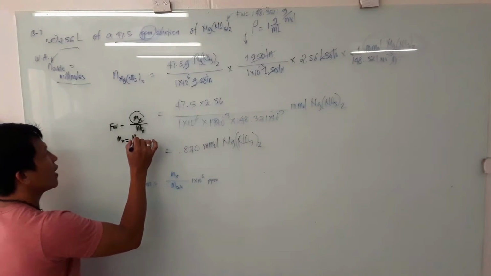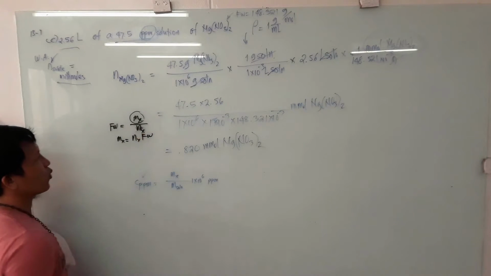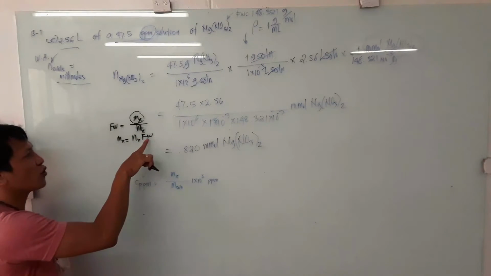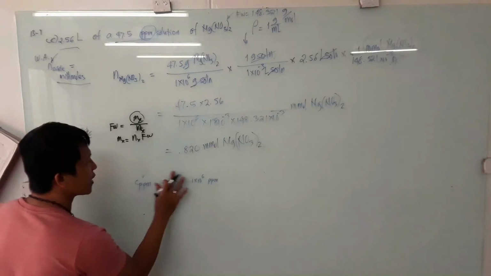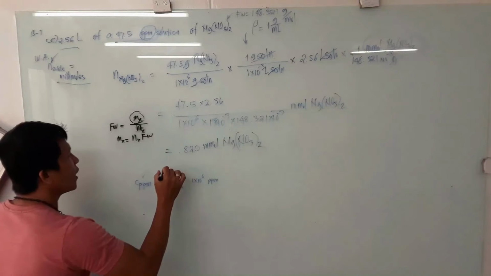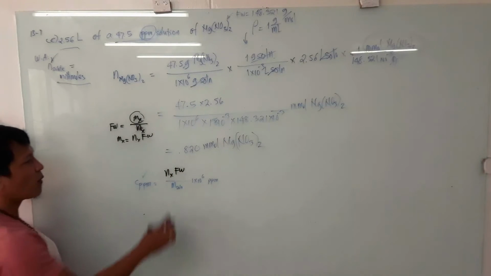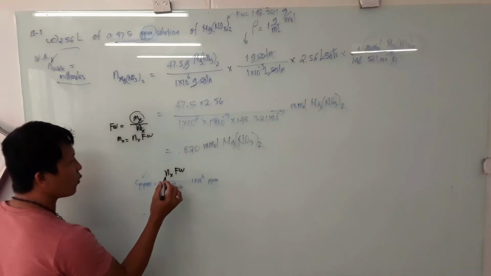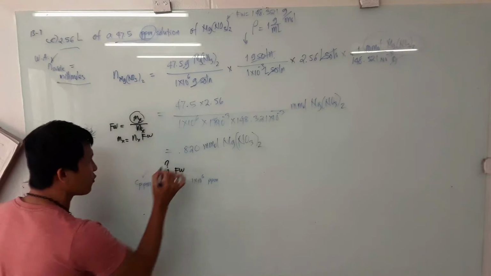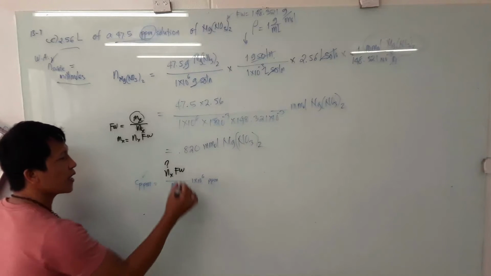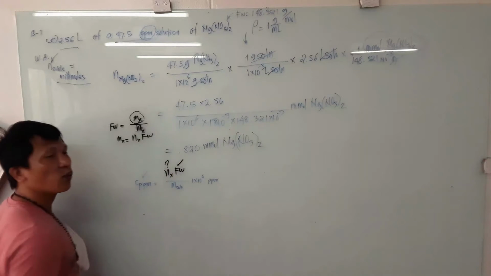Mx now would be Nx times Fw, the number of moles multiplied by your formula weight. So we will replace this one with Nx times formula weight. By replacing that, we would know now that what we're trying to find is the number of moles of X, and this is what we need.